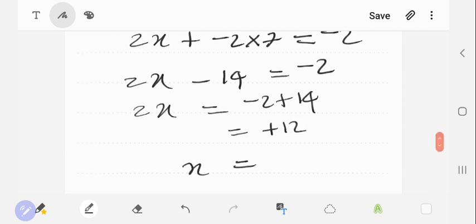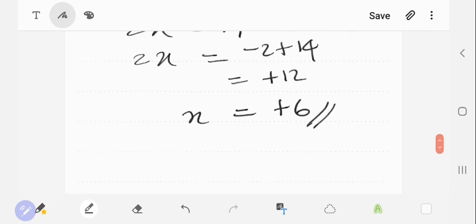X equals +6. This is how we determine oxidation number in polyatomic ions.